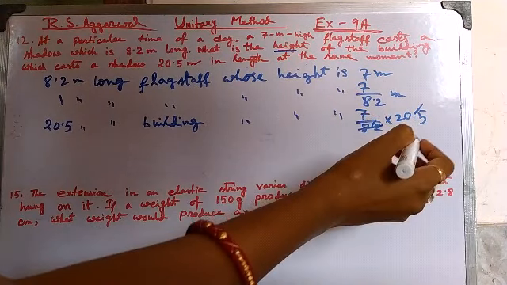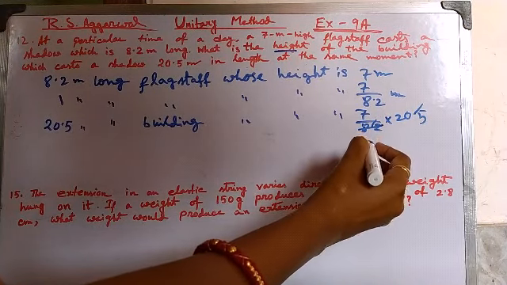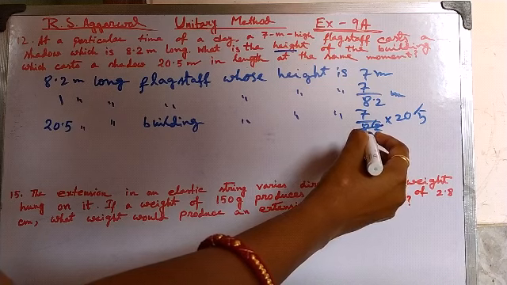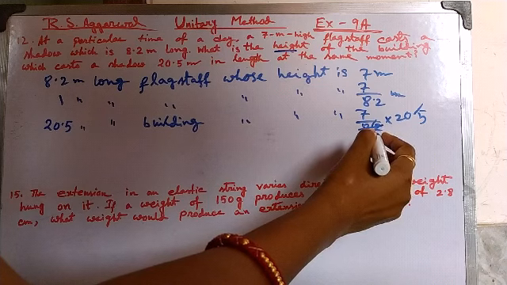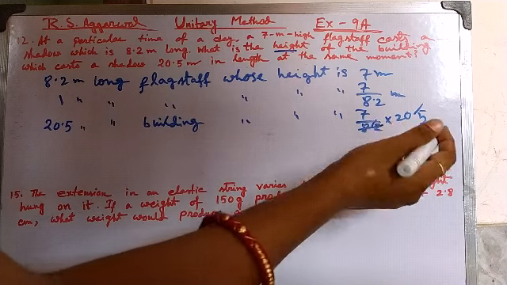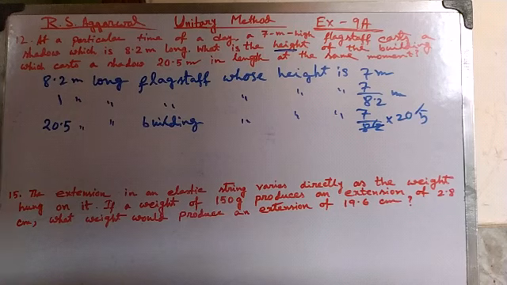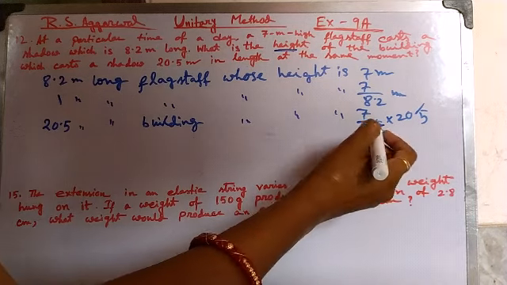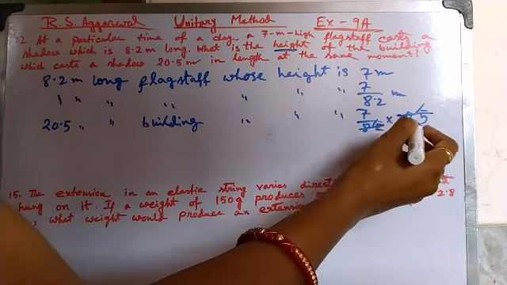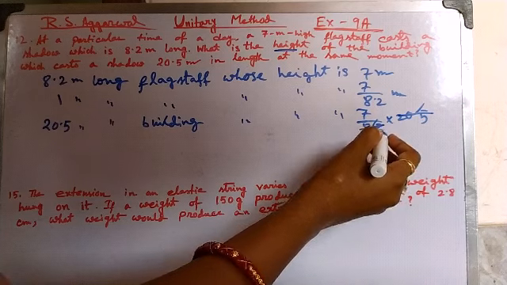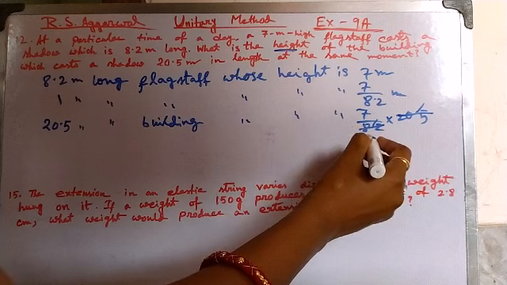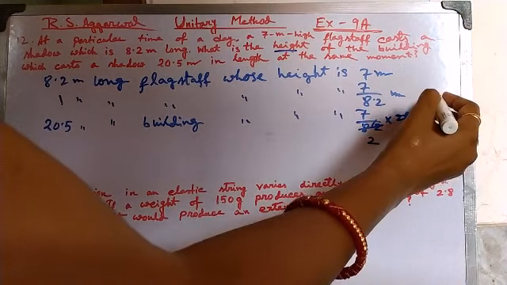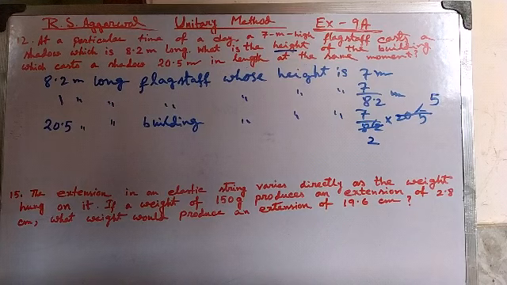then by 2 it can be cut. By 2 not, by 3. Here this 82 and 205, that can be cut by 41, not by 2, not by 5, that can be cut by 41. So 41 2s are 82 and 41 5s are 205.